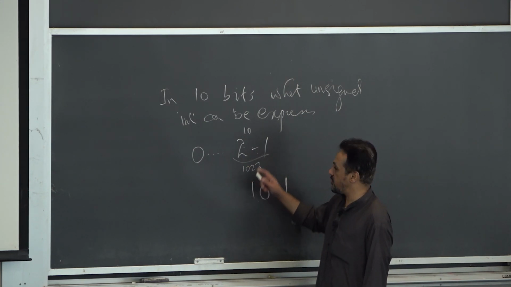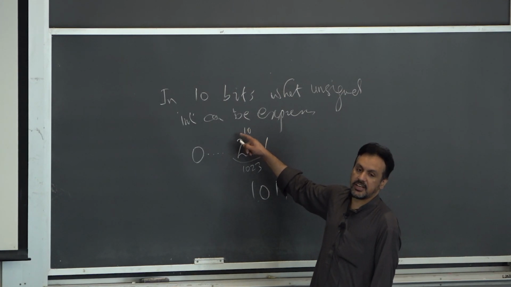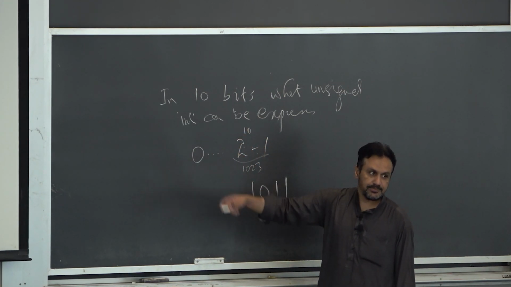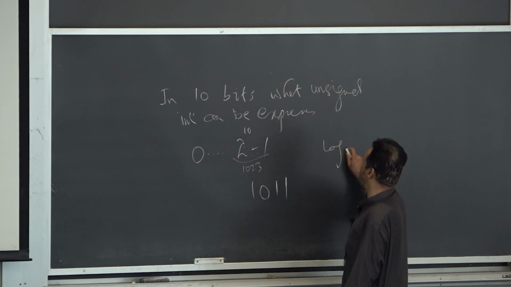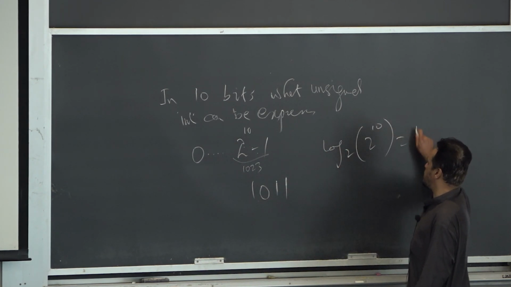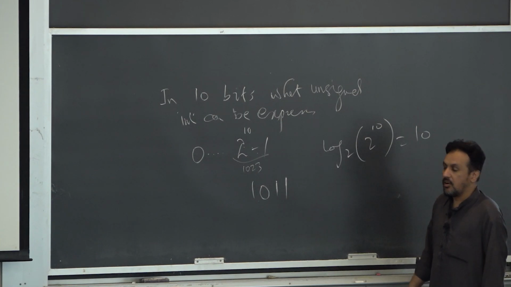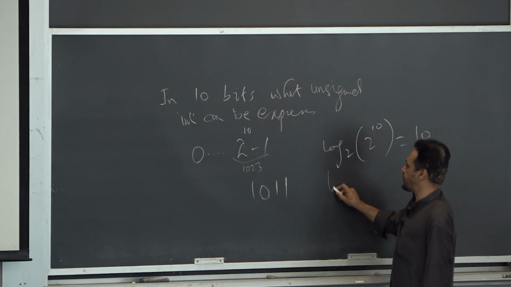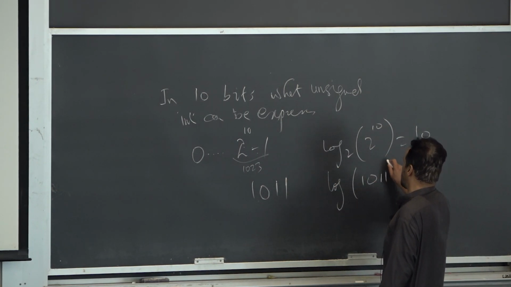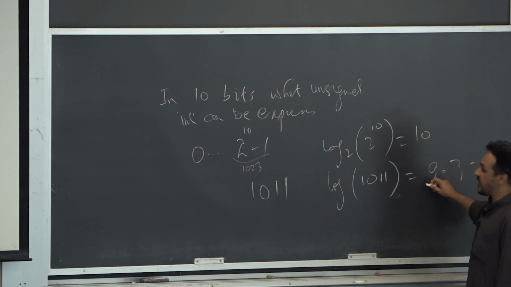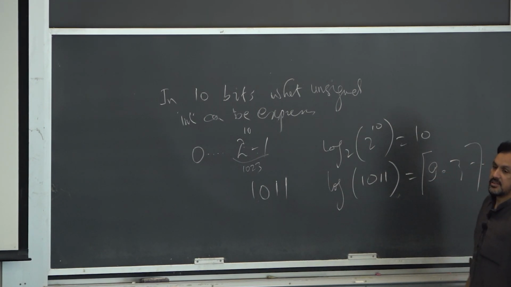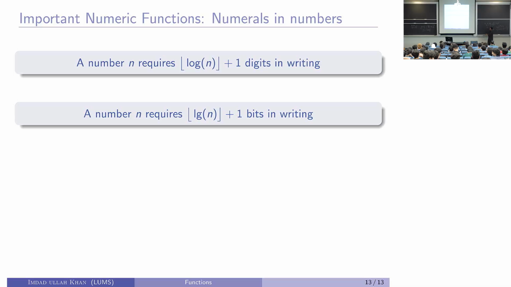If you take log base 2 of 2 to the 10, you get 10 out of it. Log base 2 of this number is something like 9 point something. You take the ceiling, and that is the statement written there. Log of the floor plus 1 is a better way to do it.